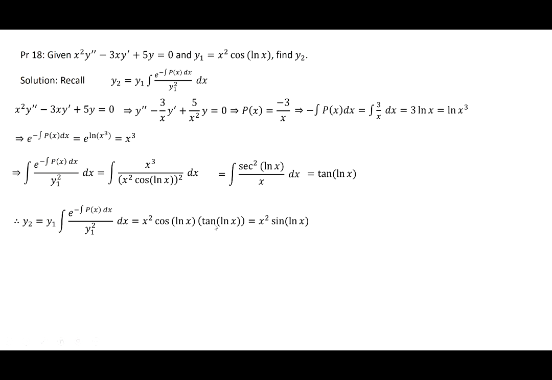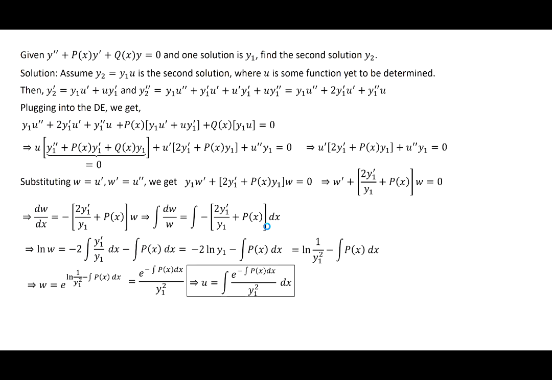Well, can I write tangent of natural log of x as sine of natural log of x over cosine of natural log of x? Do the cosines of natural log of x cancel each other? So wouldn't we be left with sine of natural log of x? There you go, so that's the second solution. Cool, this is how you solve this one.